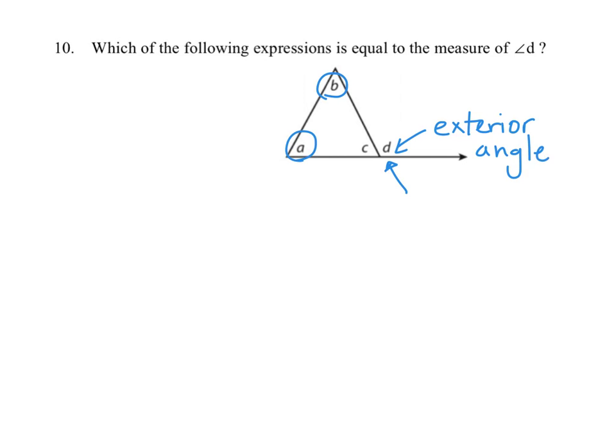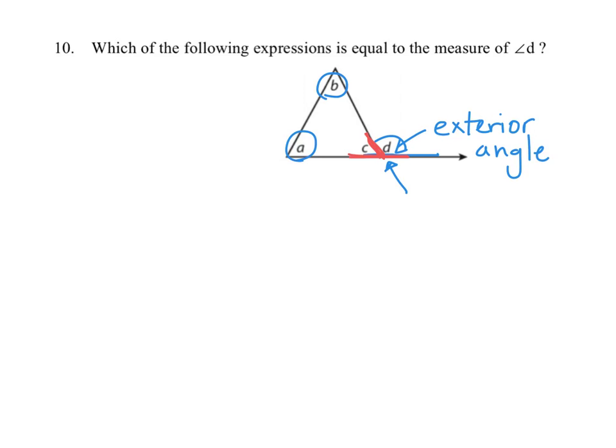So this exterior angle is when you extend one of the sides and you form this angle outside. That's the exterior angle. So the exterior angle is supplementary to one of the angles in the triangle because together they form a straight angle. They form that straight line that you see right here.